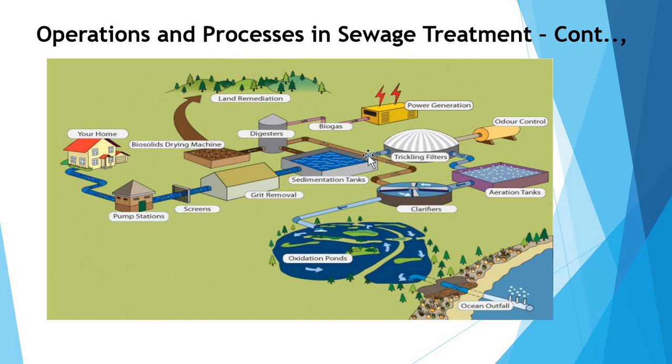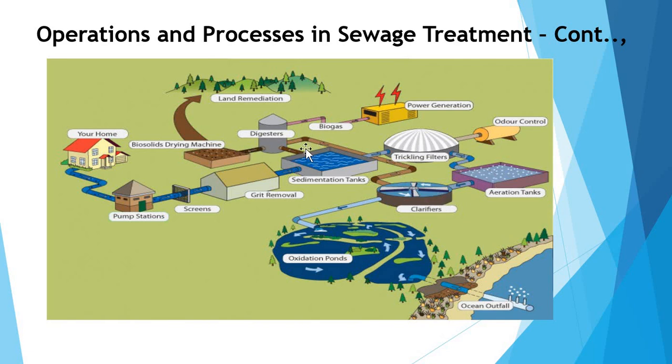So these processes will produce some waste. Those wastes are called sludge, and this sludge is collected from the sedimentation tank, the trickling filter, aeration tank, and clarifiers.